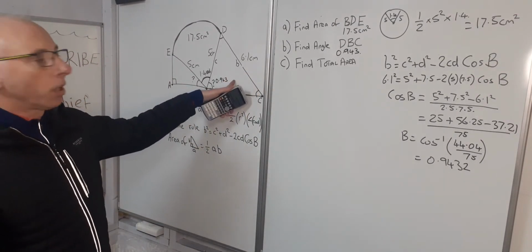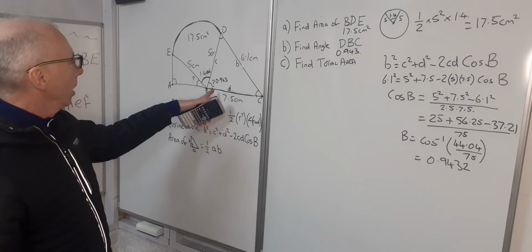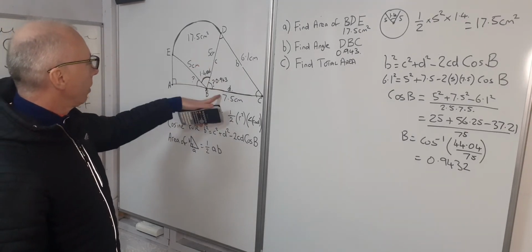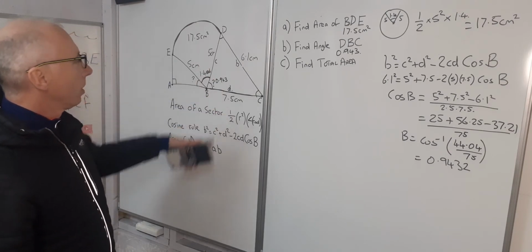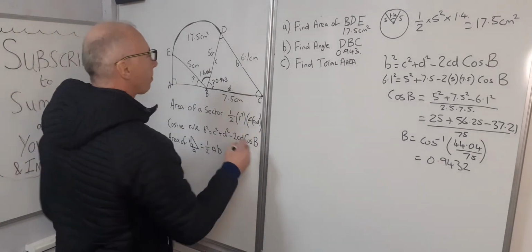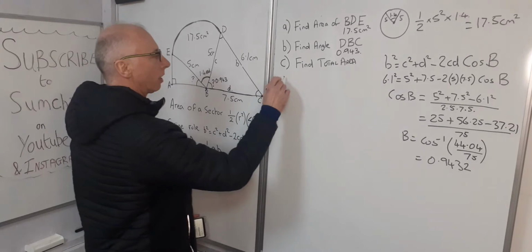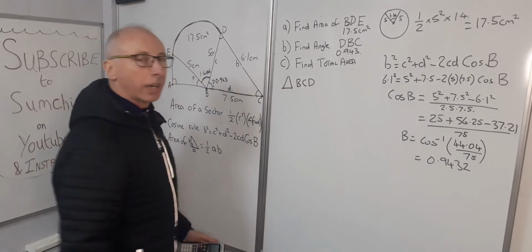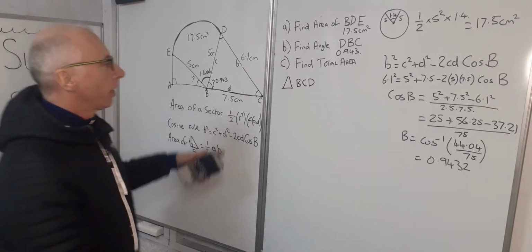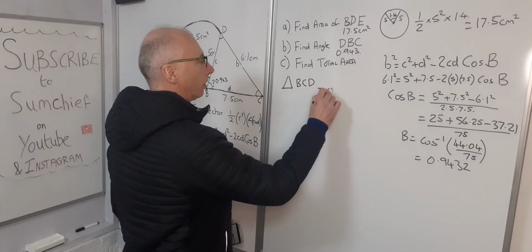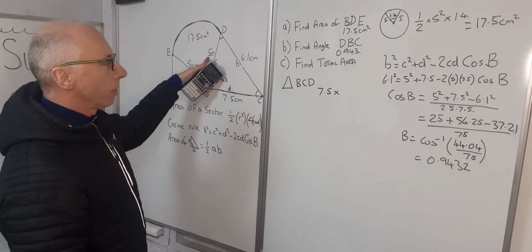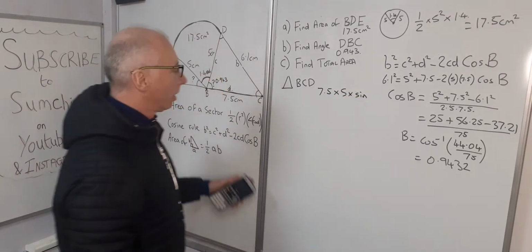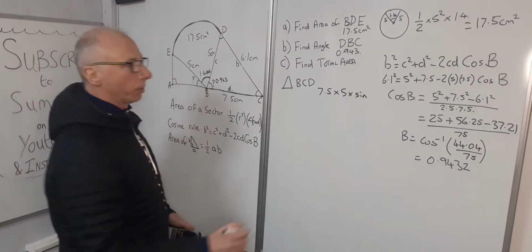Now we need to find the total area. So now we know this angle, we can use the area formula for this. So let's say triangle BCD, so the area of that will be a half times 7.5 times 5 times sine of 0.9432.